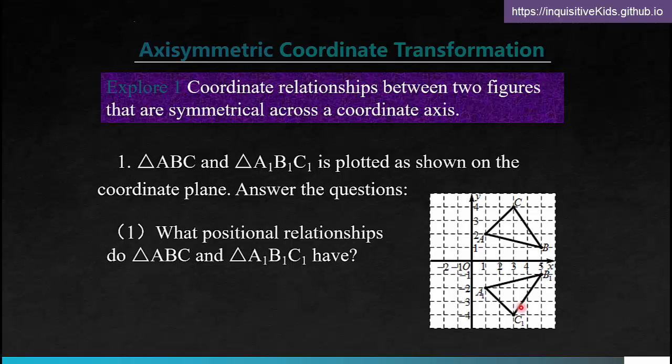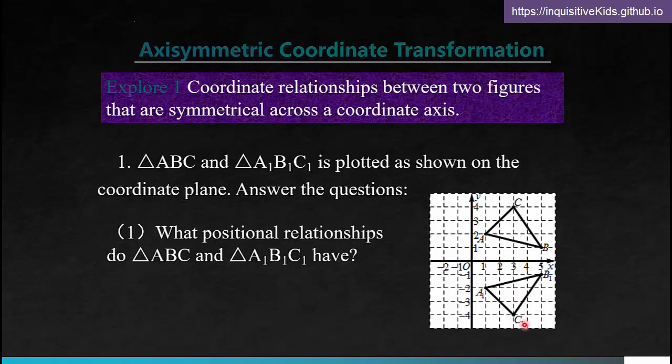So ABC and A1B1C1 are congruent, because their areas and side lengths are the same, right? And what makes this different from the heart example is that they're two separate figures. They're not one figure that is axisymmetric itself, but two figures that are axisymmetric across the x-axis.